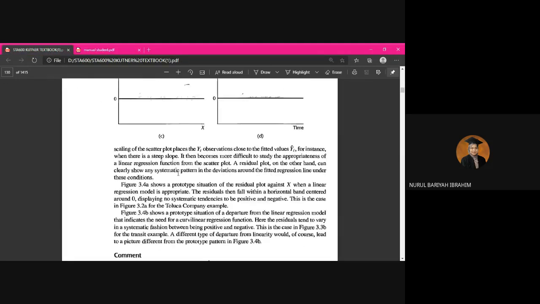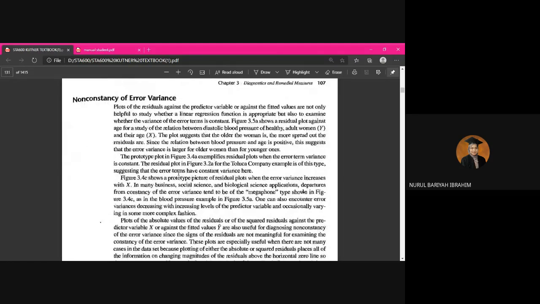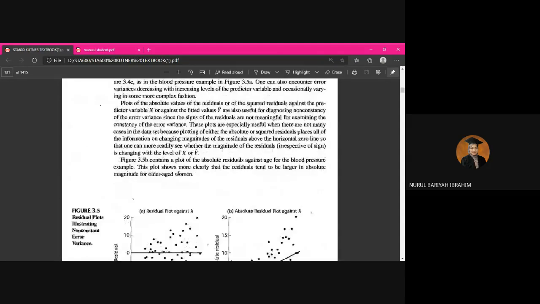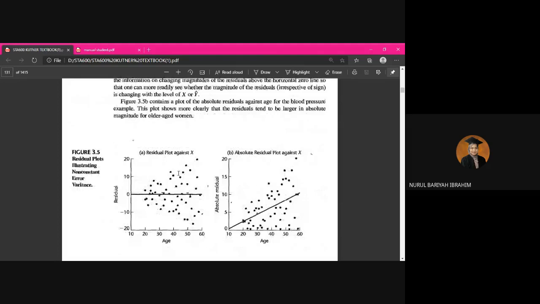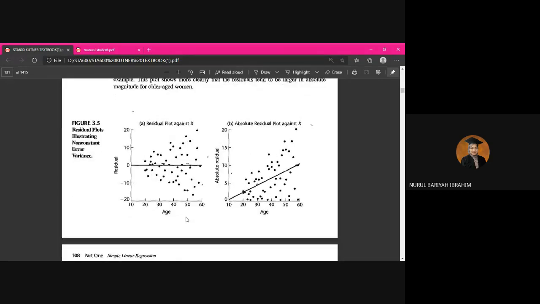Okay, and then we also need to know about the constancy of the error variance. We can use the same residual versus X and also residual versus fitted. So we need to plot the residual versus each X or residual versus predicted. You know how to find the residual, which is yi minus y hat, right?